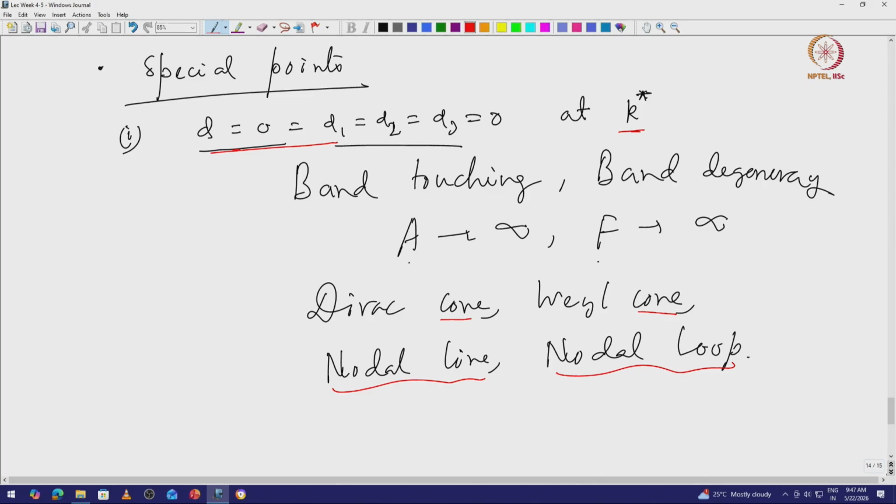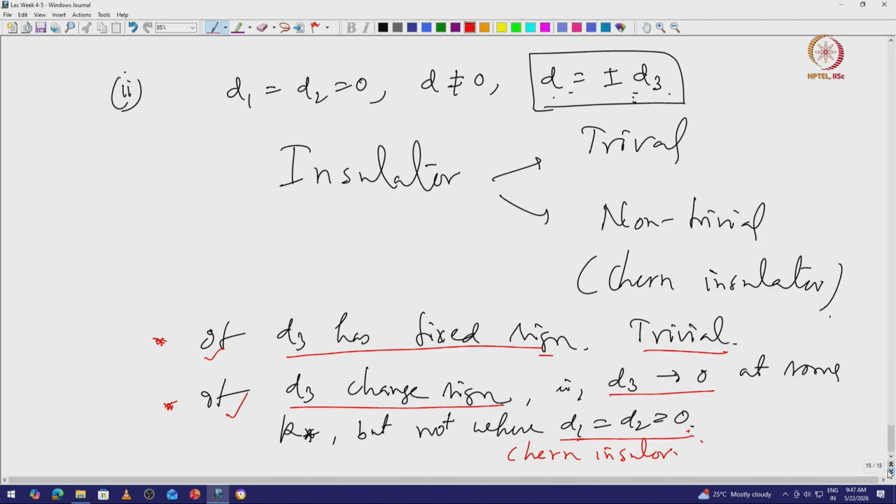The second one is when d equal to plus minus d3. In that case, d does not go to 0, which is the one that we are interested in, and obviously then you will have a gap, and that gap will be created by this, right, because energy is equal to plus minus d, right.